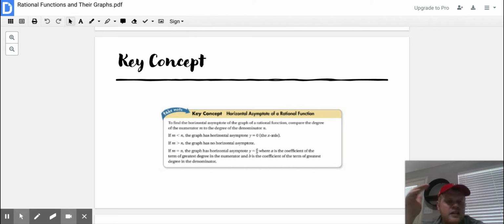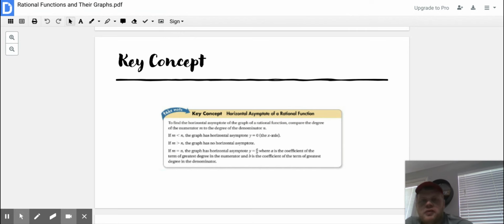So again, if the degrees are the same, so if they both have x squared in there, then you're looking at the numbers in front of those x squared. So like if it was 2x squared and just x squared, then it would be 2 over 1. So then you would simplify that down to 2. So again, if they are the same, then you look at the numbers in front of those highest degrees. So make sure you're careful about that.